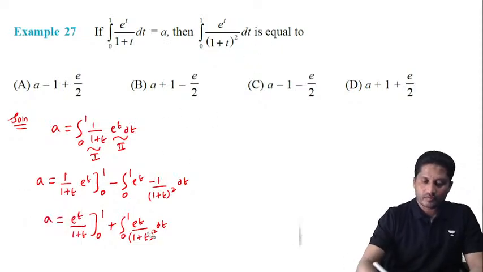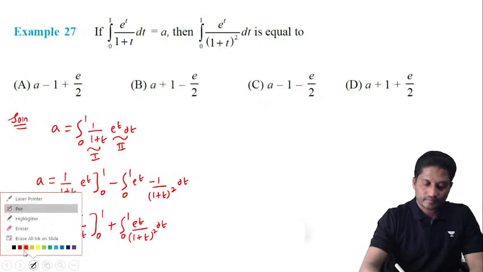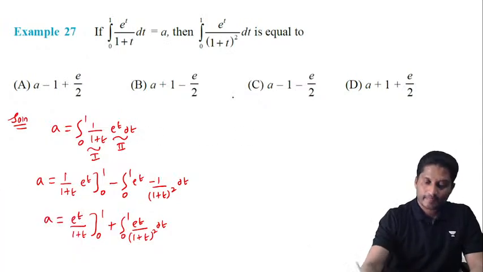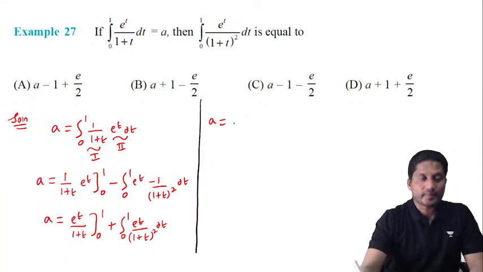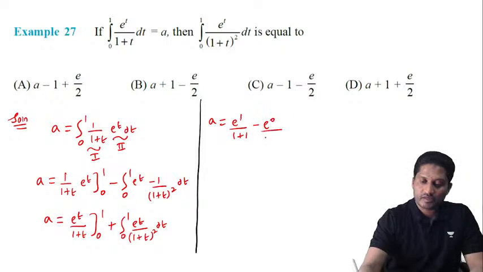Now if I shift it to the left side, A is equal to the upper limit, e power 1 divided by 1 plus 1, minus the lower limit, e power 0 divided by 1 plus 0, plus the integral from 0 to 1 of e power t divided by 1 plus t the whole square dt.